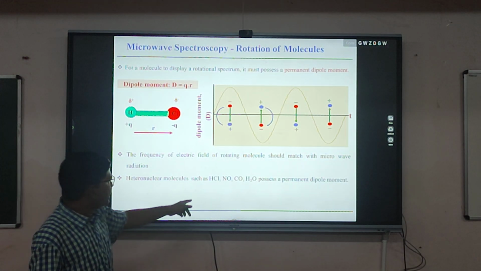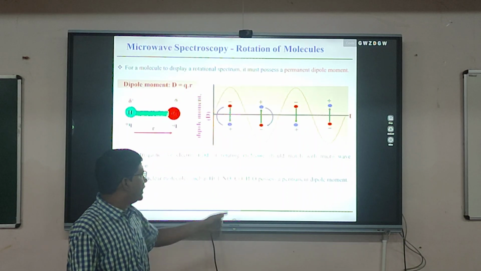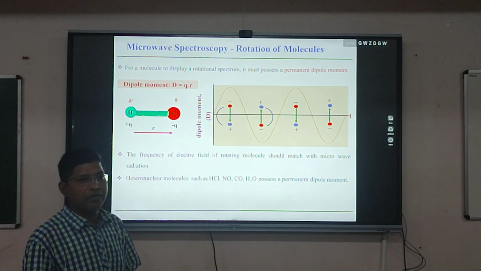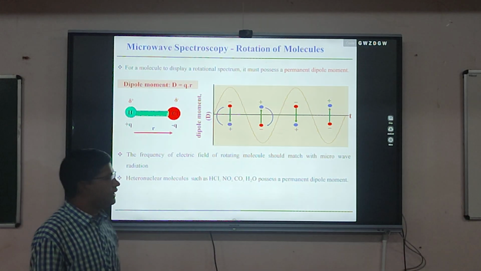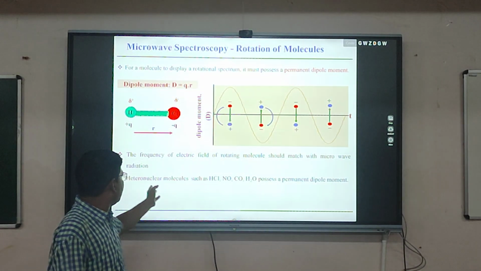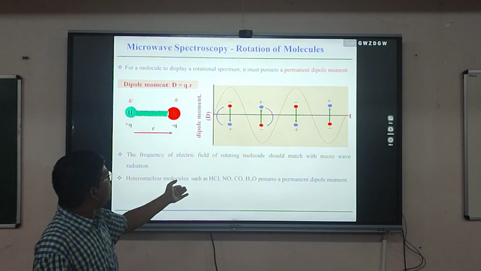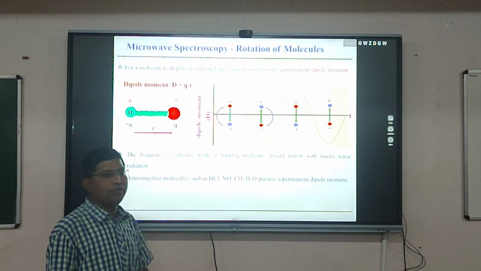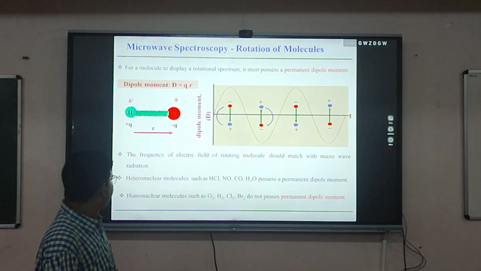Then another, like HCl, nitric oxide, carbon monoxide, H2O possess a permanent dipole moment, because these are polar molecules, hetero molecules, and these molecules are microwave active in microwave spectroscopy.